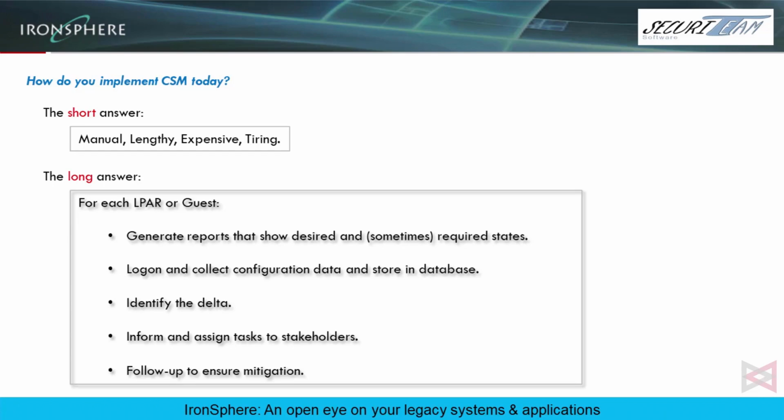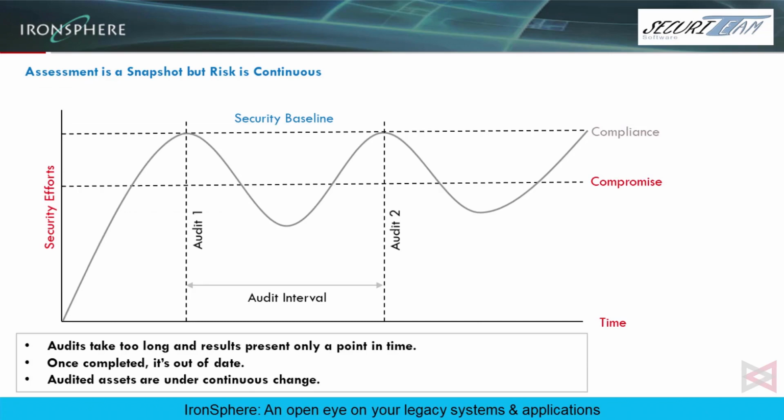Once the data is collected, an expert should generate and analyze the report. The bottom line is that manual assessments are lengthy, expensive, and tiring. The attributes of manual risk assessment, the length, expertise needed, human-intensive resources, and so on, lead to the fact that they are performed in annual cycles.